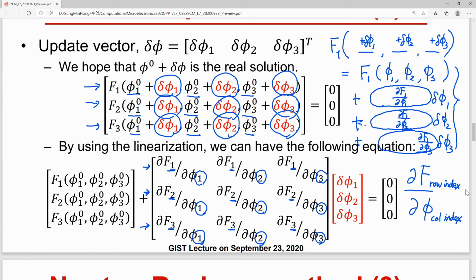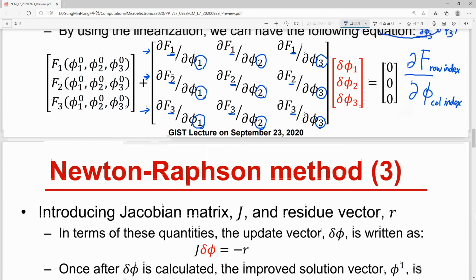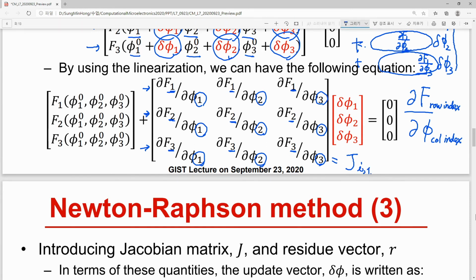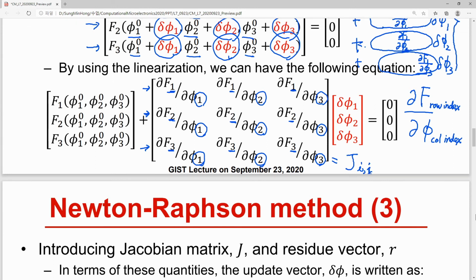Although this matrix looks quite complicated, let's say that we call it the J matrix, and the i, j component is simply defined as partial f i over partial phi j.